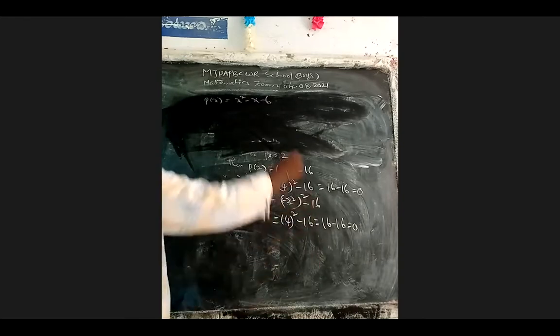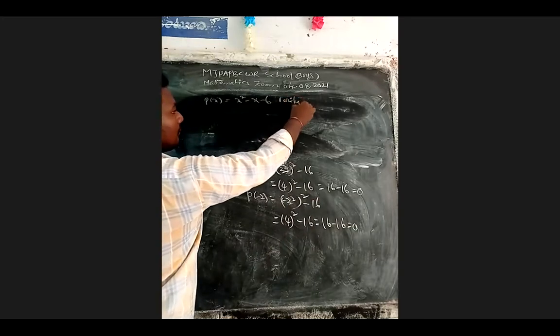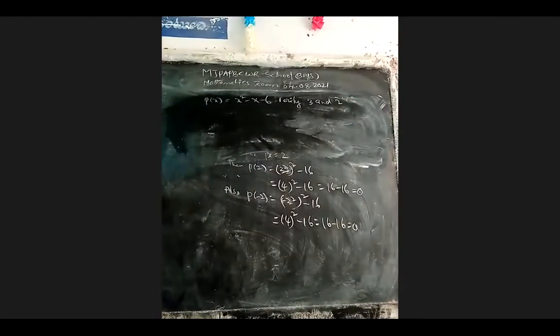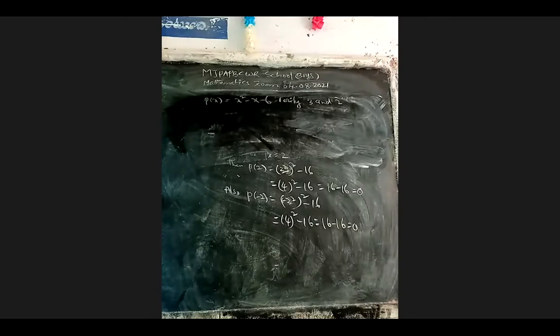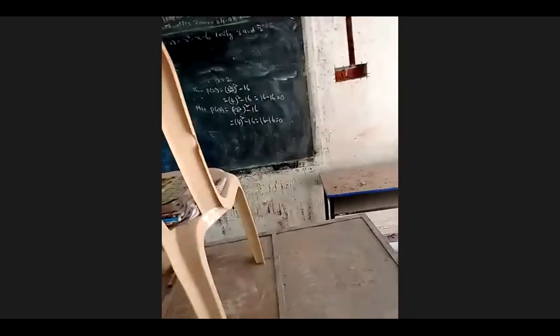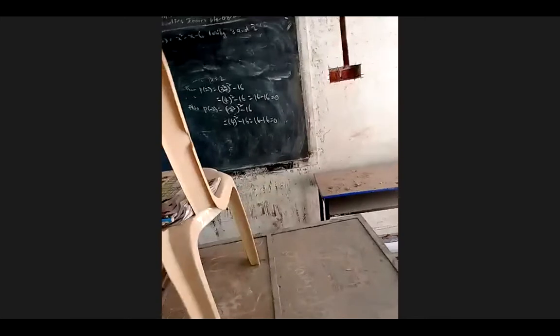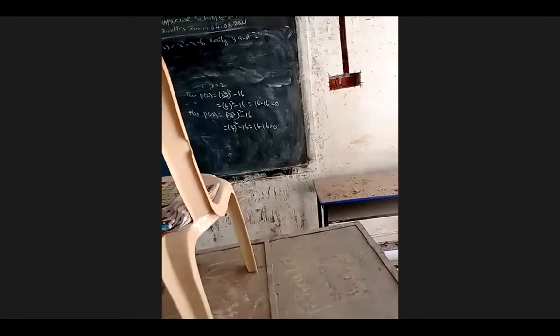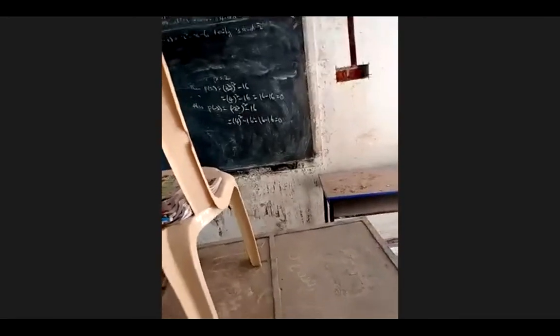Verify whether 3 and 2 are zeros of the polynomial or not. Verify it once.